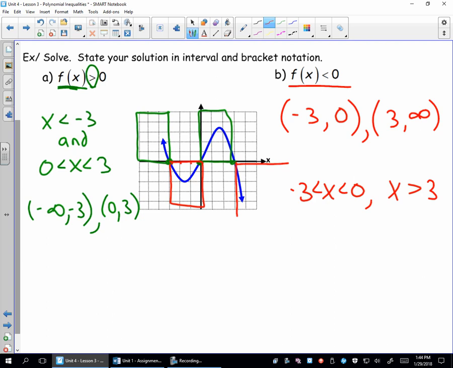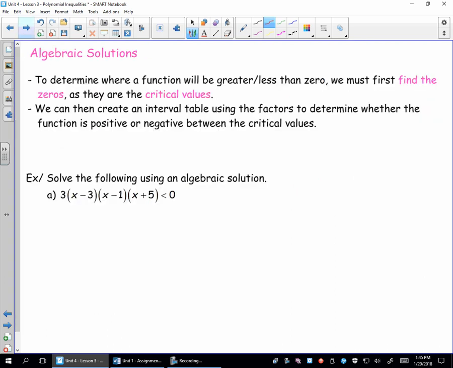Some functions we know are actually pretty hard to draw. They have lots of parts and pieces, so it might be easier sometimes to create an algebraic solution. For an inequality, an algebraic solution, again, we want to figure out where it's going to be greater than or less than 0. To do this, you first have to find the zeros.